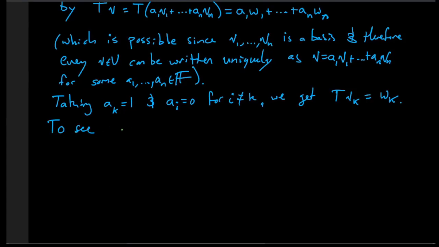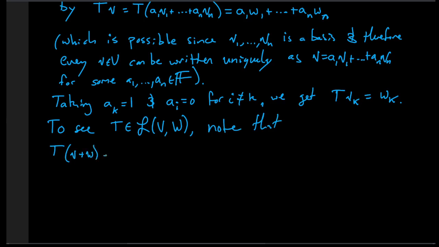To see that T is indeed a linear map from V to W, note that, well, let's write it out. T of little v plus little w, well, that's T of A1 V1 plus dot dot dot all the way down to AN Vn plus B1 V1 plus dot dot dot Bn Vn.